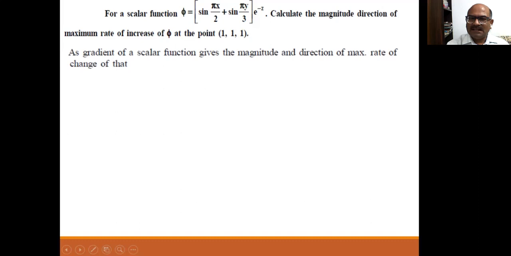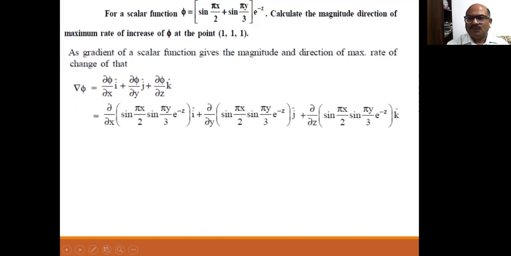We all know that the gradient of a scalar function gives the magnitude and direction of the maximum rate of change of that function. So del phi is equal to del phi by del x i cap, del phi by del y j cap, del phi by del z k cap, and we put in the values for phi for the x, y, and z parts.